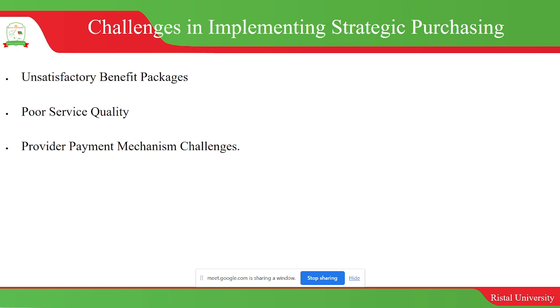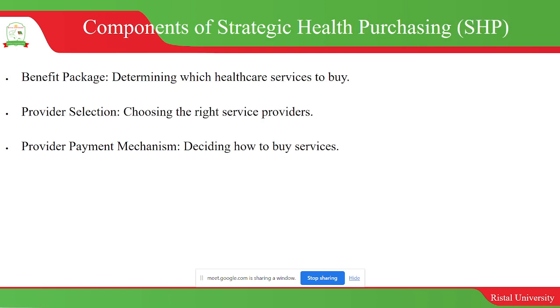If you get other players to help you in providing the services, the services may also be of poor quality. It could be very hard to regulate the quality. But again, how you pay these providers may also be an issue. So you have challenges with provider payment mechanisms.